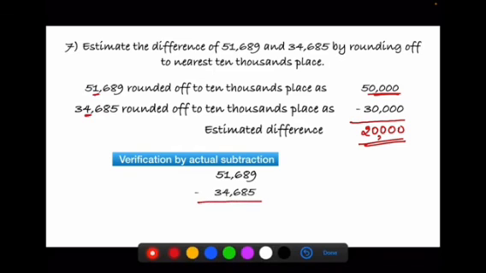The difference I get is 9 minus 5 is 4, 8 minus 8 is 0, 6 minus 6 is 0, 11 minus 4 is 7, then 4, because I have borrowed 1, 4 minus 3 is 1. So actual subtraction gives me an answer of 17,004, but the estimated difference would be 20,000.